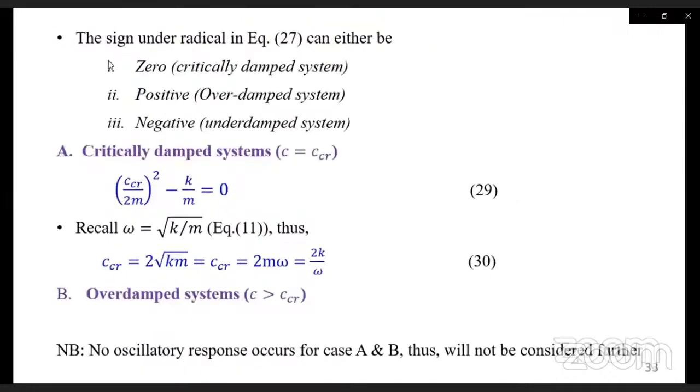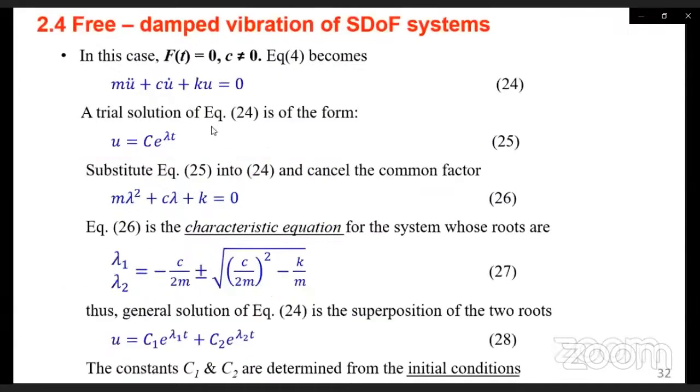First things first, we need to define a few important terms here. In this expression, you can have a case where the components under the root sign are either positive, negative, or 0.